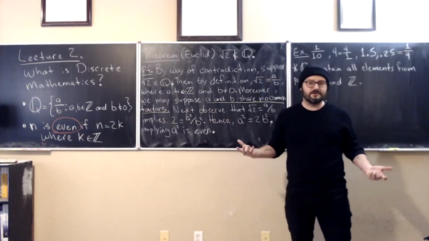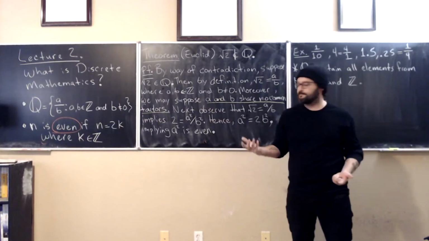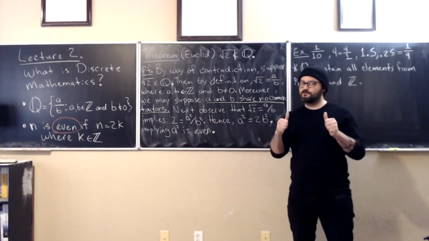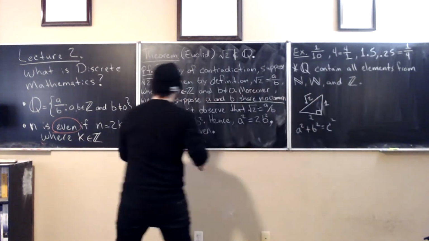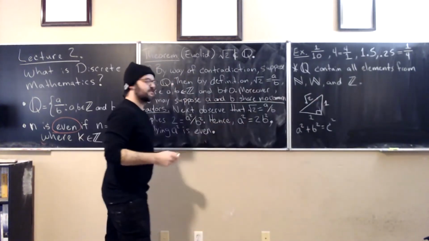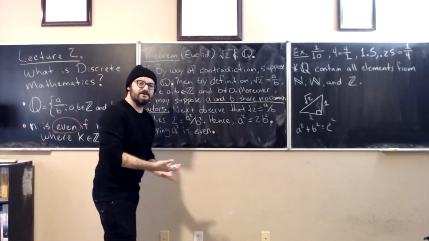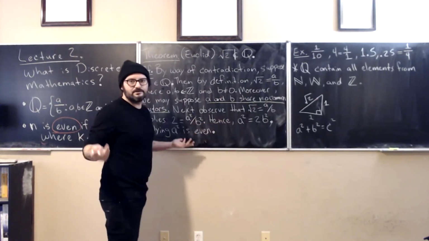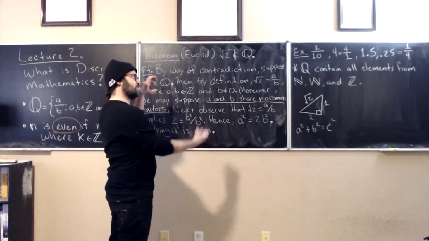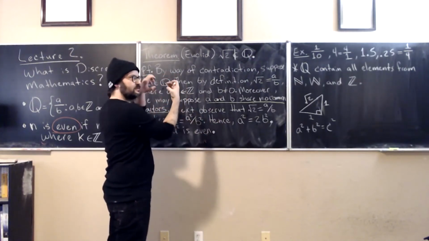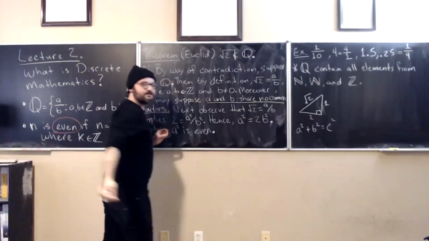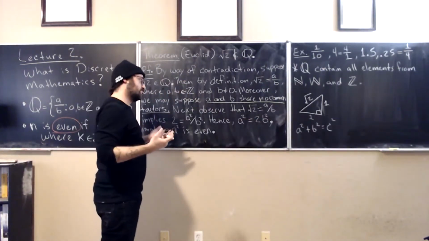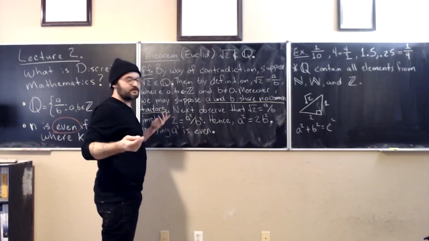Since otherwise, where did that factor of 2 come from? So hopefully you're with me on that. We have that a squared is even, which means that a must be even. If you're multiplying a number by itself, that's the square, and neither one has a 2, there's no way that the product will have a 2. So the original number must have a factor of 2.